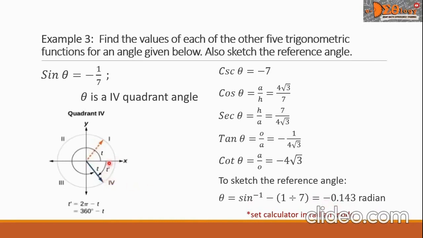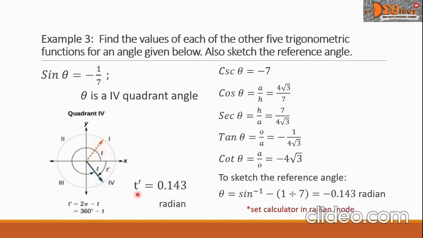This is the angle that this terminal side makes with the horizontal axis. Now for the reference angle, we can use the same amount of rotation, but this time it is going up. So that is our reference angle itself.